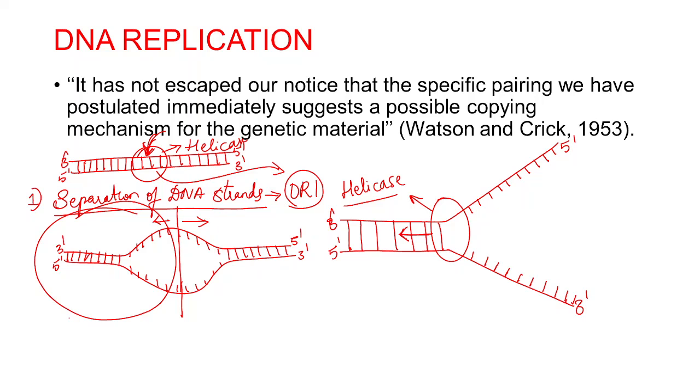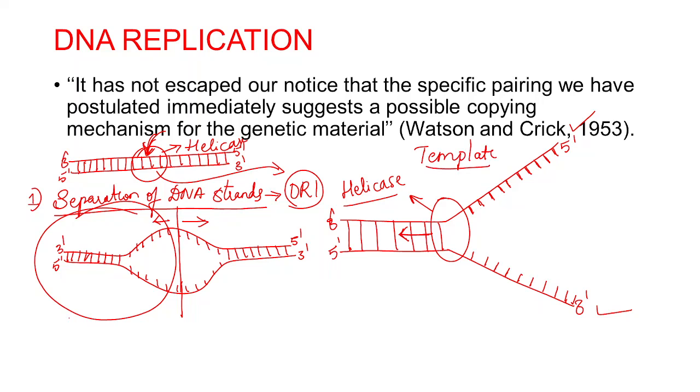On these 2 strands which are separated here, so this is strand 1 and this is strand 2, you can see the unpaired nitrogenous bases, and these unpaired nitrogenous bases will help in the formation of a new strand over them. They will act as templates. These strands will act as what? Template.